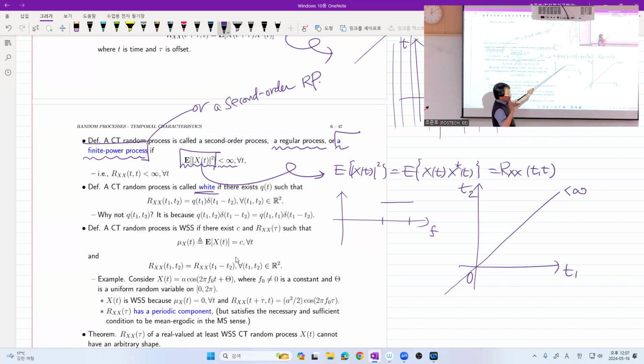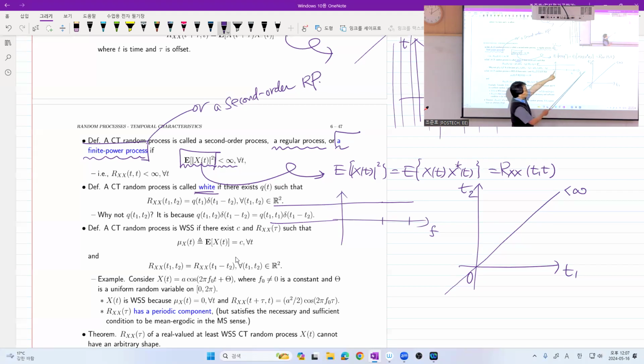So whiteness, not just for a specific band, but for every band, has a spectrum like this, okay? For every frequency component, you have some finite power or something. What happens in this case?